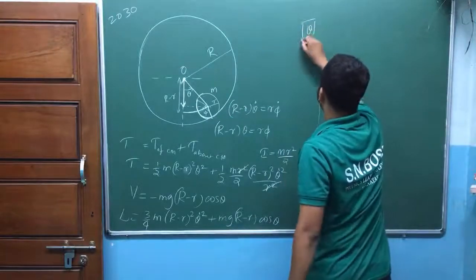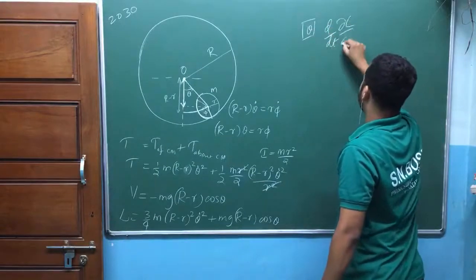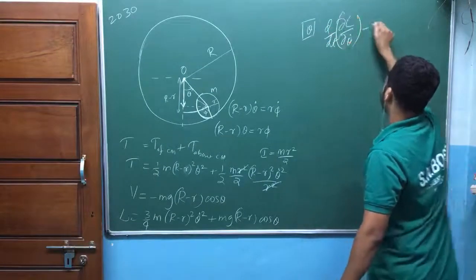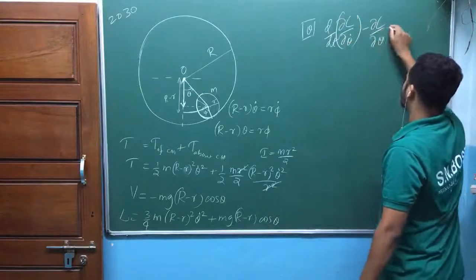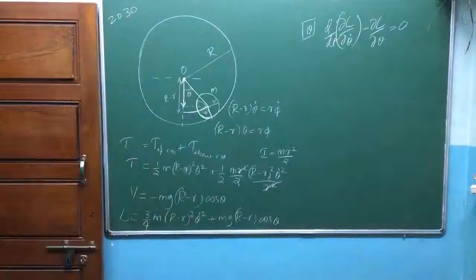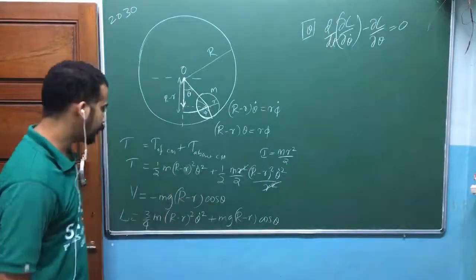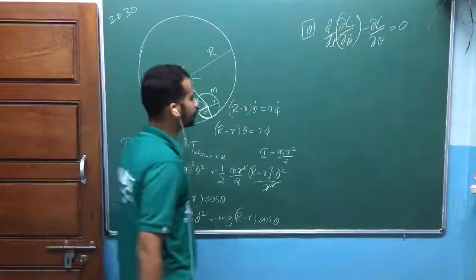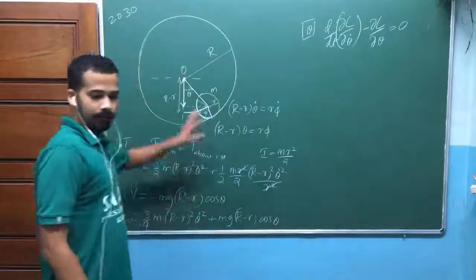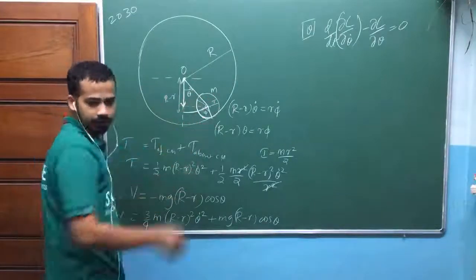You have only one equation of motion, dou L by dou theta dot differentiated in time minus dou L by dou theta is equal to 0. You can find the frequency of small oscillation here by some approximation. That's what I am expecting. They may ask what is the frequency of small oscillation when this rolls like this. Yes.